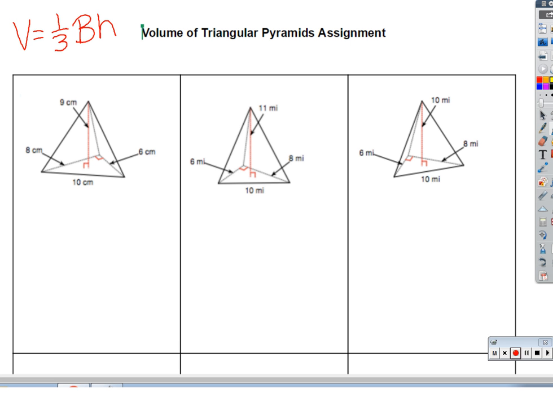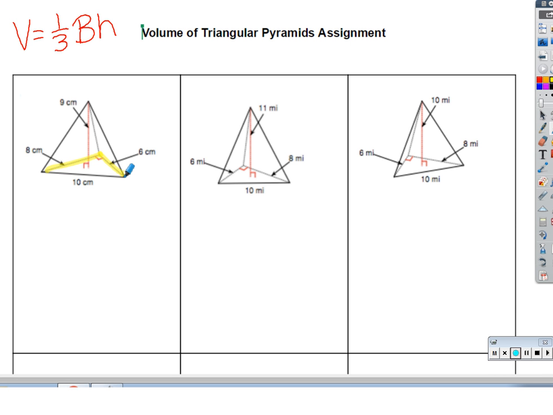What's our formula for the area of a triangle? Base times height divided by 2, okay? So what that means is we need the base and the height of the triangle only. So we're going to highlight the 8 centimeter side and this 6 centimeter side.